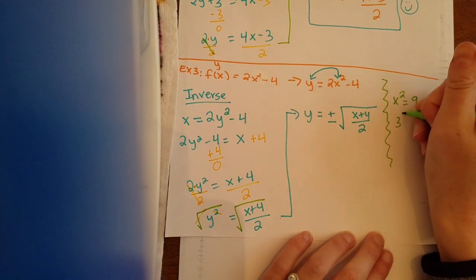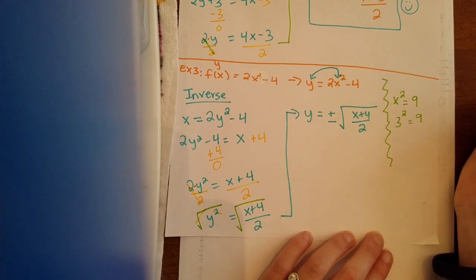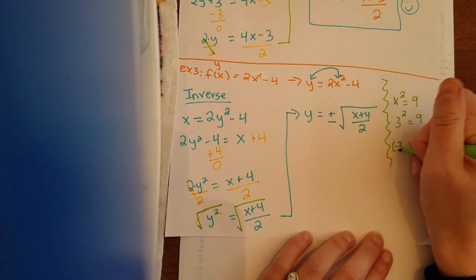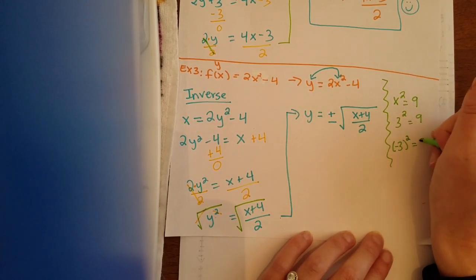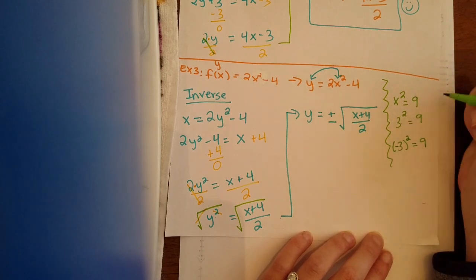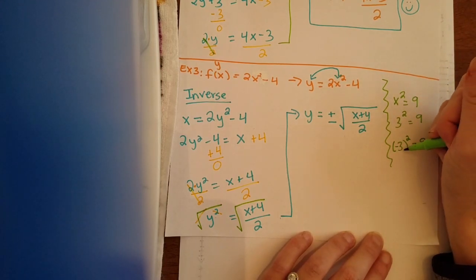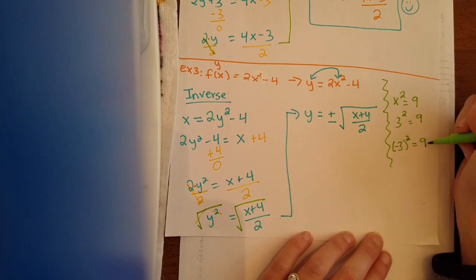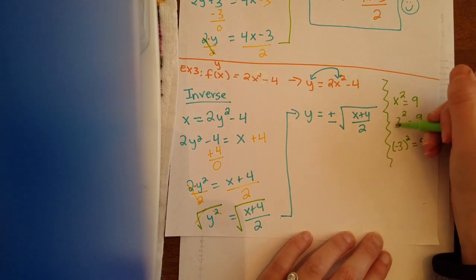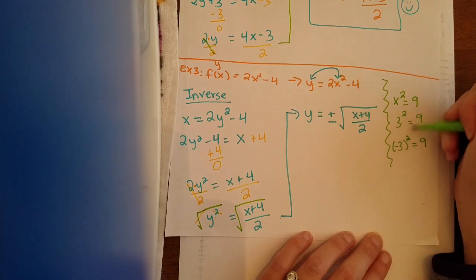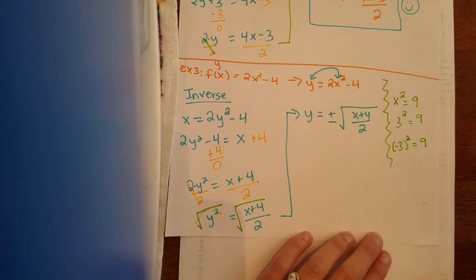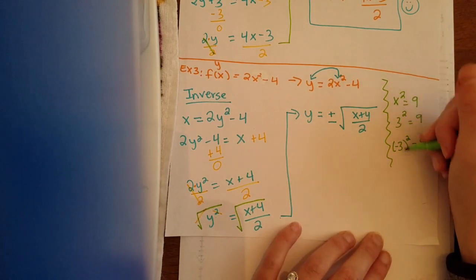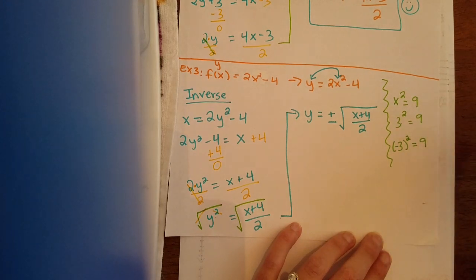I could square a positive 3 to get 9, and I technically can square a negative 3 to get 9. 3 times 3 gives me 9, and negative 3 times negative 3 will also give me a 9. Holy hot dog, right? So both positive numbers and negative numbers, when you square them, will give you the same answer. Isn't that cool? That's why we have a plus or minus as an answer.